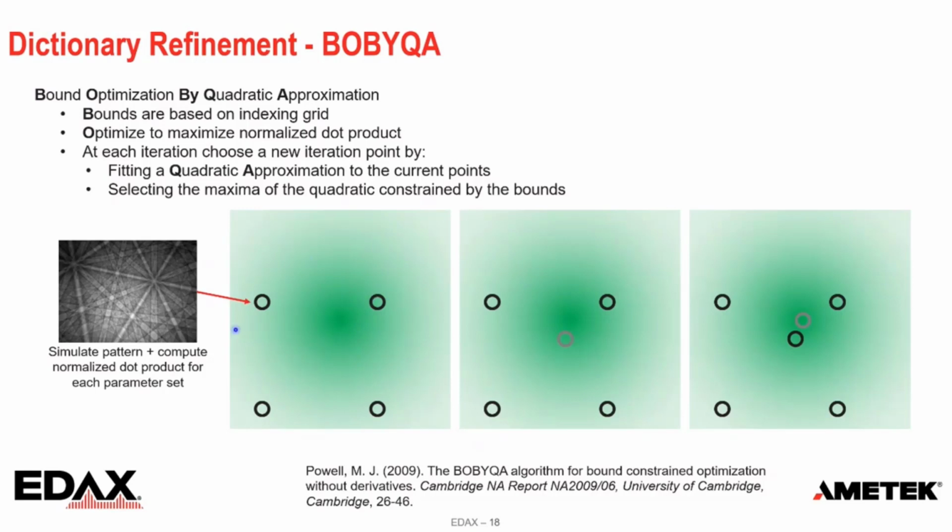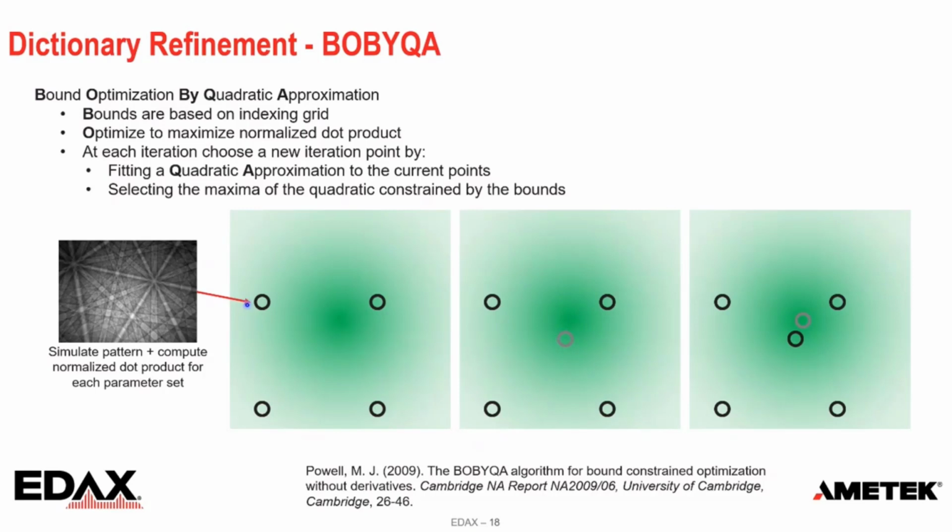The green is sort of the true continuous dot product function. So here, this very dark green, that would be our peak, the true orientation. That's going to give you the best dot product. And as you get further from that orientation, you'll get a lower dot product. And the gray is sort of a proposed next place to evaluate.